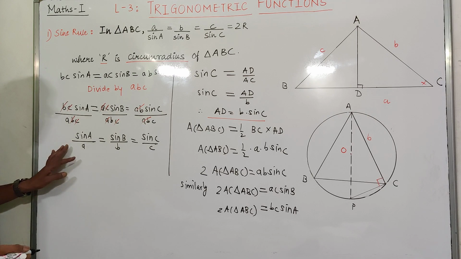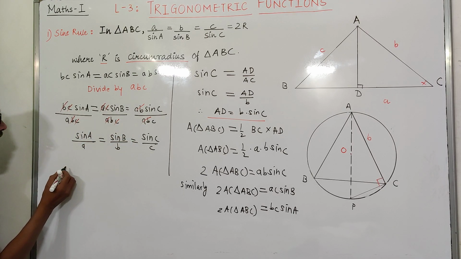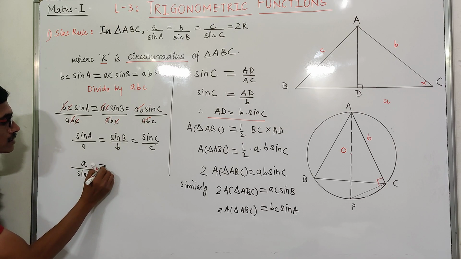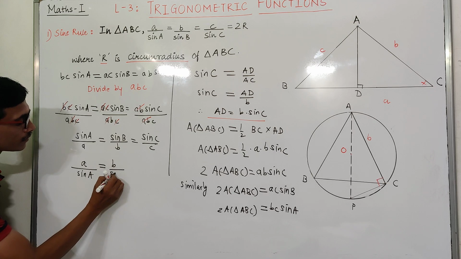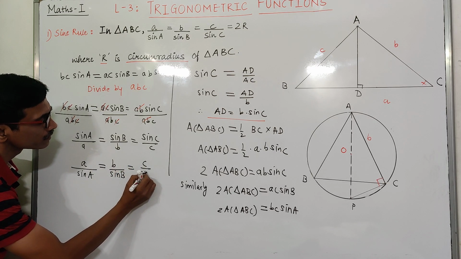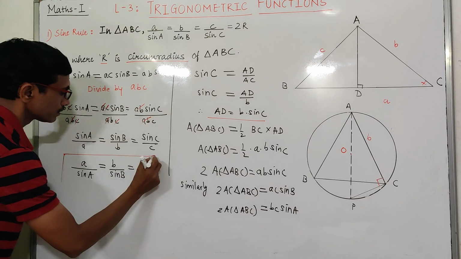Again we take the reciprocal of this. So taking reciprocal we get a upon sin A is equal to b upon sin B is equal to c upon sin C. We denote it by equation 1.